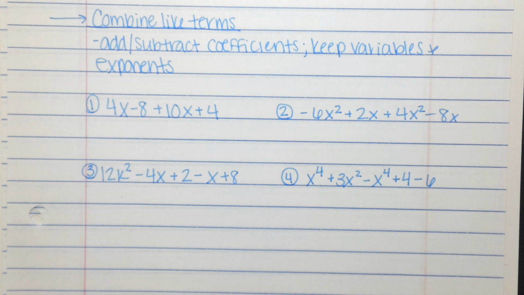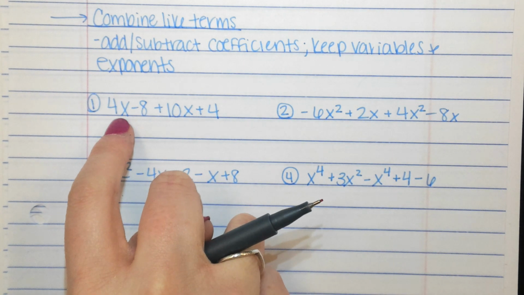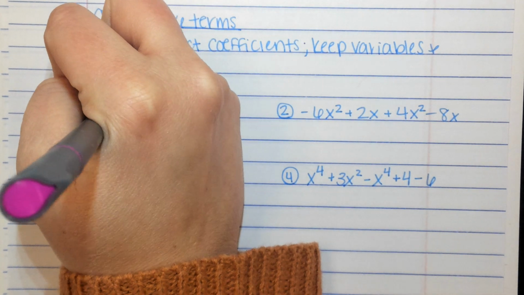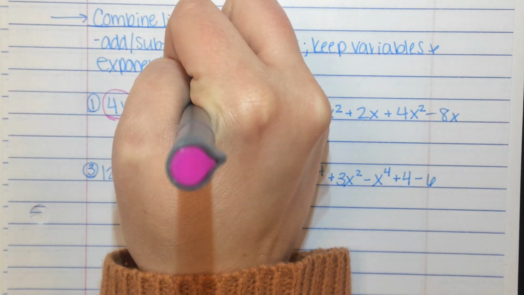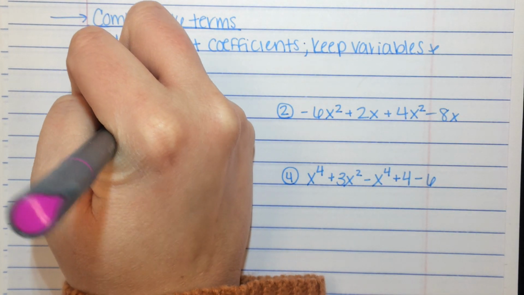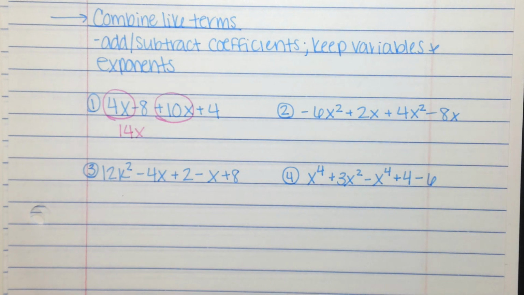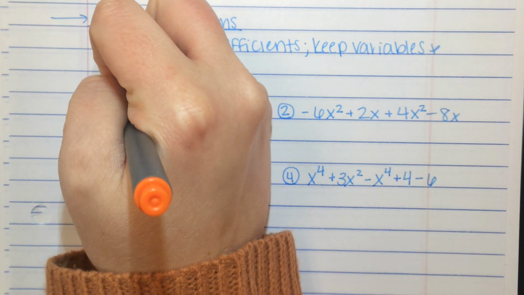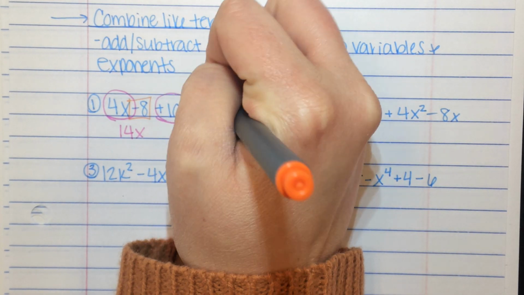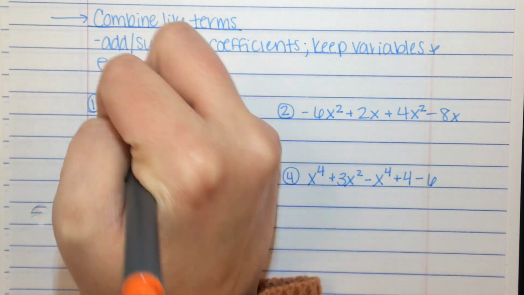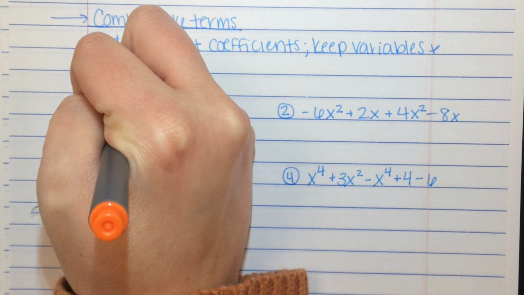So if you look at number 1, here we have a term with an x, so we look for something else that has an x. So we have 4x plus 10x is 14x. And then we also have negative 8 and positive 4. You add those together and get negative 4.